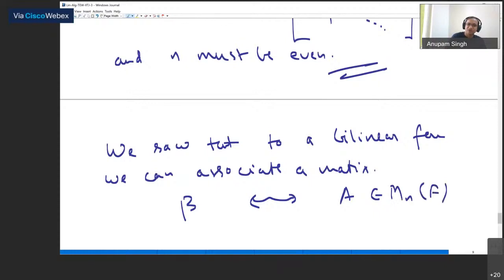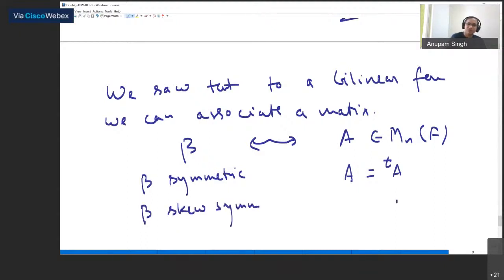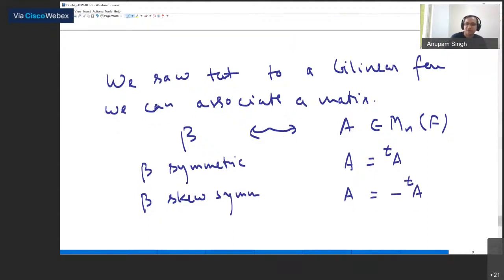If beta is symmetric, you can check easily that the associated matrix will turn out to be symmetric, A equal to A transpose. If beta is skew-symmetric, the matrix of beta will turn out to be a skew-symmetric matrix, A equal to -A transpose, right?